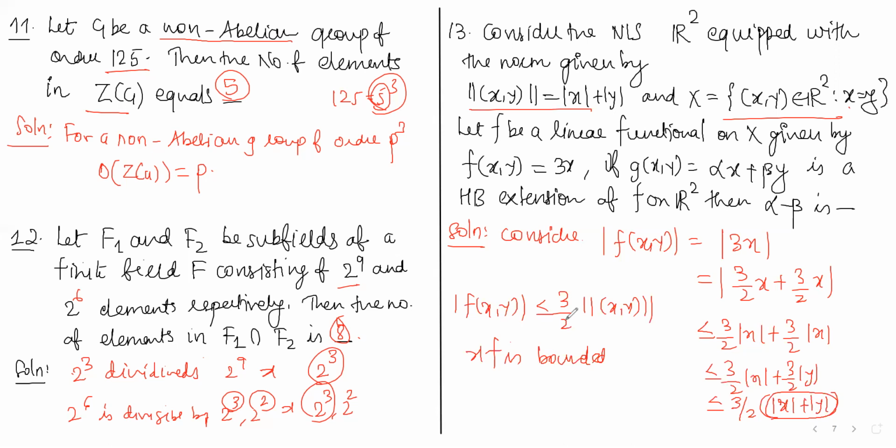So by Hahn-Banach extension, f has an extension that we call g. I'll utilize the next page in fact.